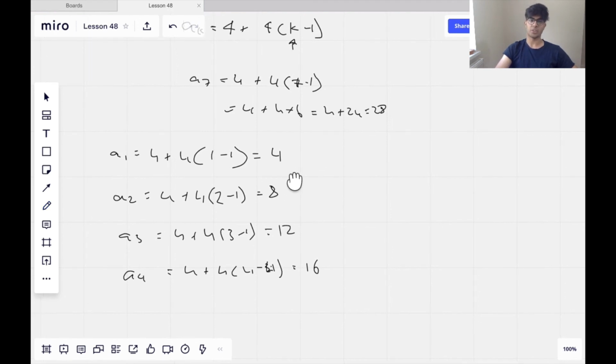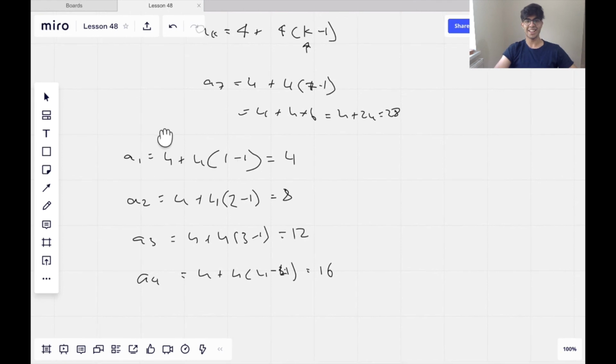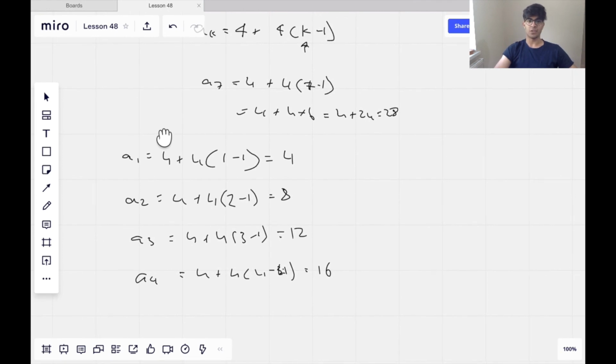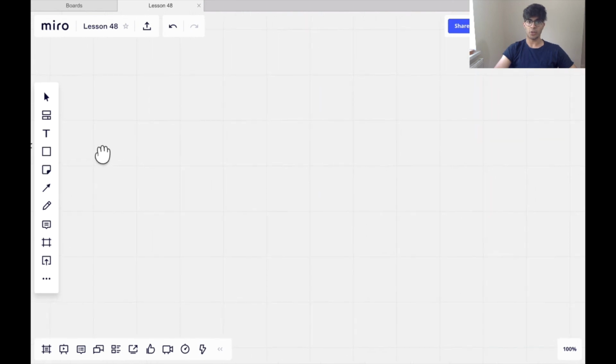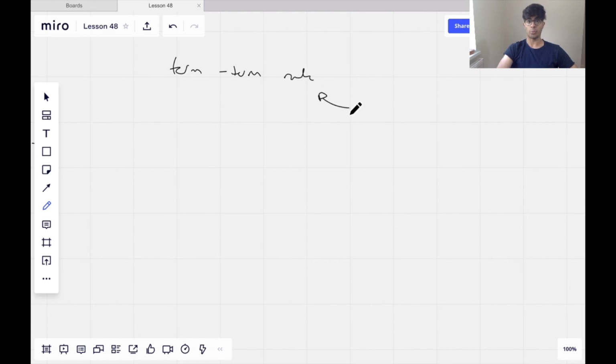So we've talked a bit about what sequences are. Remember, it's an ordered list of numbers. That's the definition. And there are two ways of describing them. We have a term-to-term rule, and this requires you to know what the previous term is, or at least one.